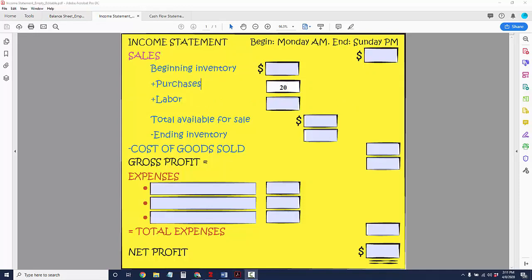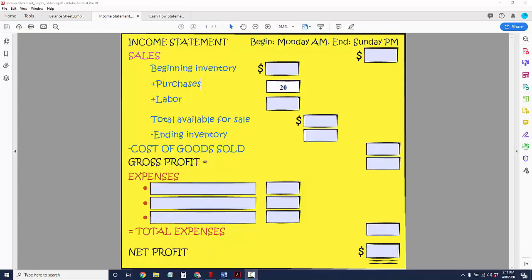The income statement doesn't care whether these purchases were done in cash or whether they were charged to your account at the grocer. This income statement follows the accrual method of accounting, not the cash method of accounting. So we have added the full $20 that we spent to purchase our ingredients on the income statement.